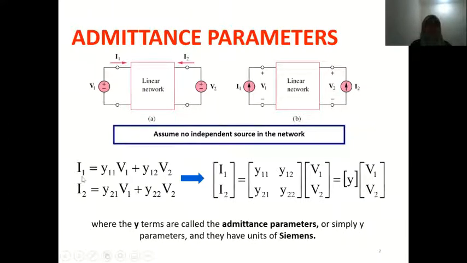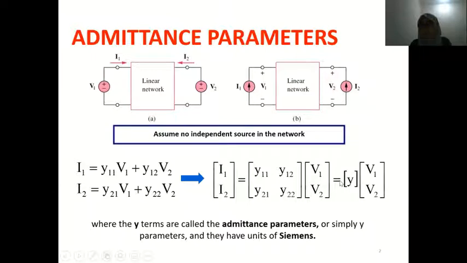The general formula for the admittance parameters is I1 equals Y11 V1 plus Y12 V2, and I2 equals Y21 V1 plus Y22 V2. In matrix form, we can put the I matrix, I1 and I2, equal to the Y matrix, Y11, Y12, Y21, Y22, times the V matrix, V1, V2.